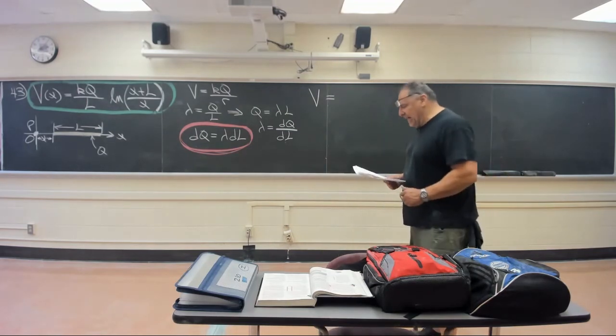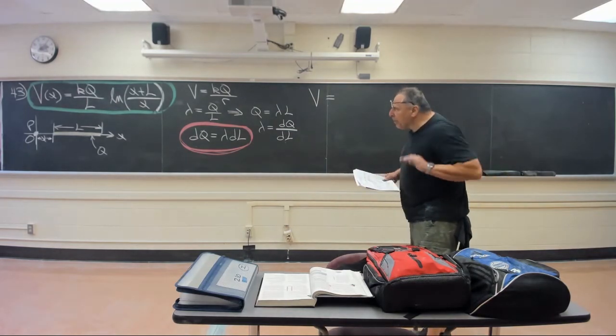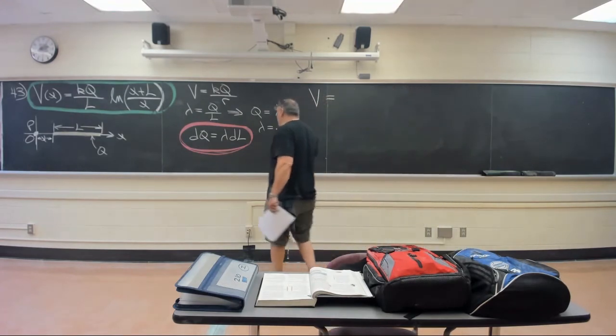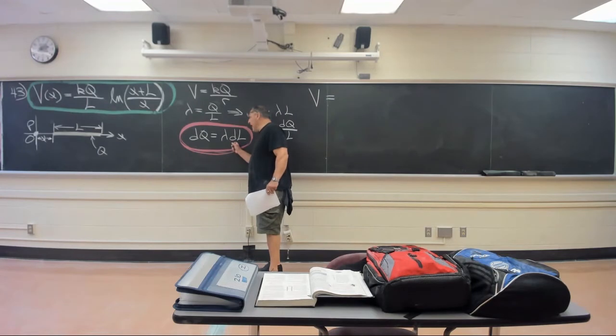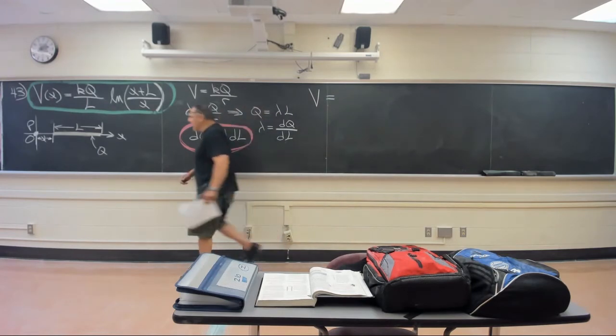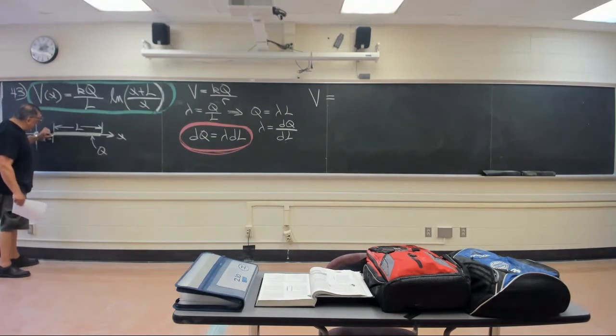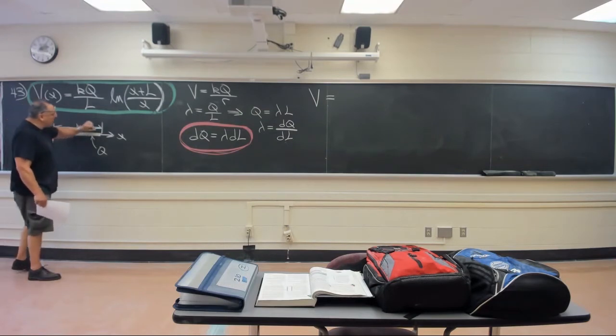So you can call L a constant. You can also call it a variable if you want to start doing some calculus. Here, I'd like to call it a variable because it's dl. And L varies. The length from here to here varies. The length here is 0. The length here is 0.001. The length here is 0.002. The length here is 0.003, until I get all the way to here.